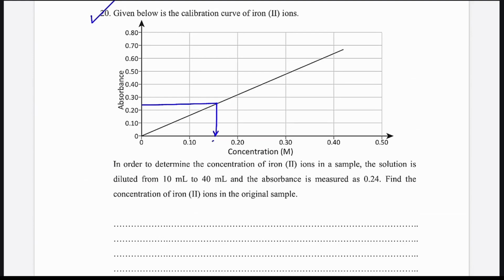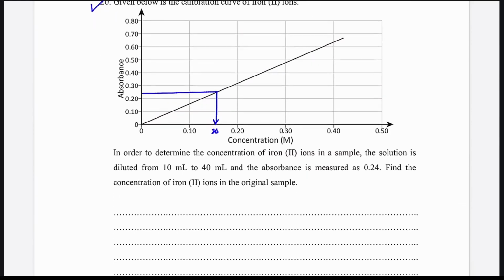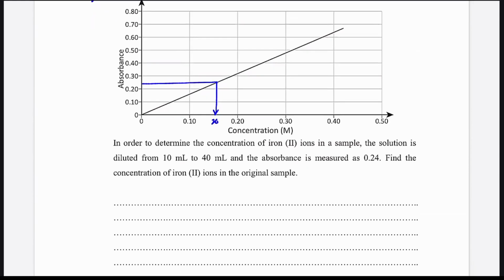This number is X. So the concentration is given, suppose in grams per liter. Usually it's grams per liter or moles per liter. The question is to find the concentration of iron 3 ions in the original sample.